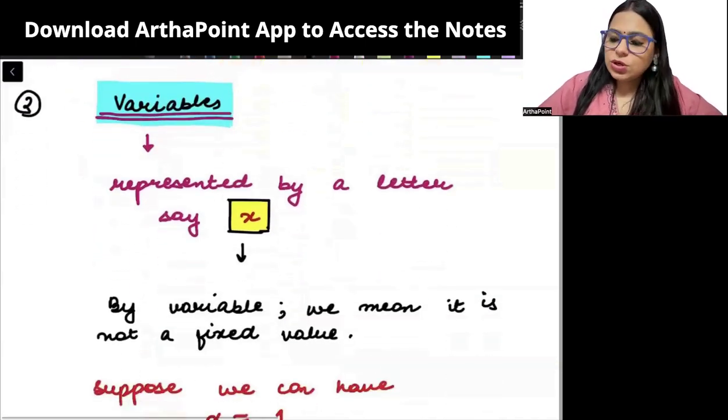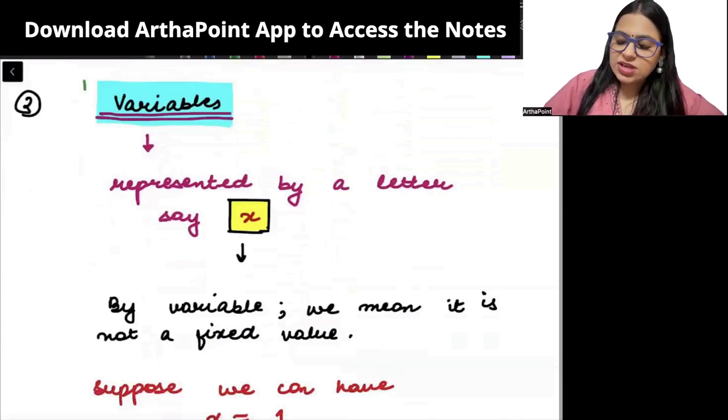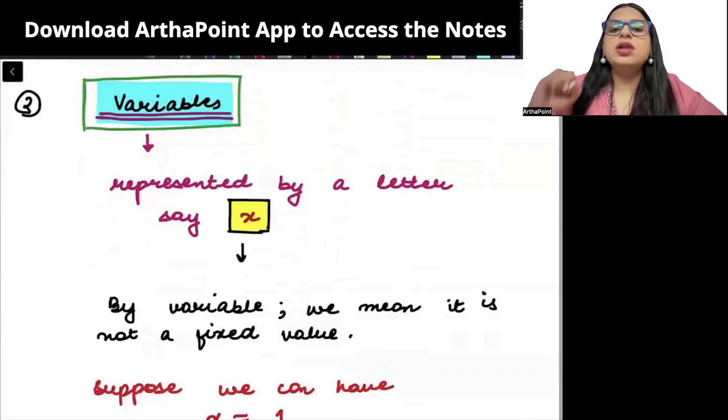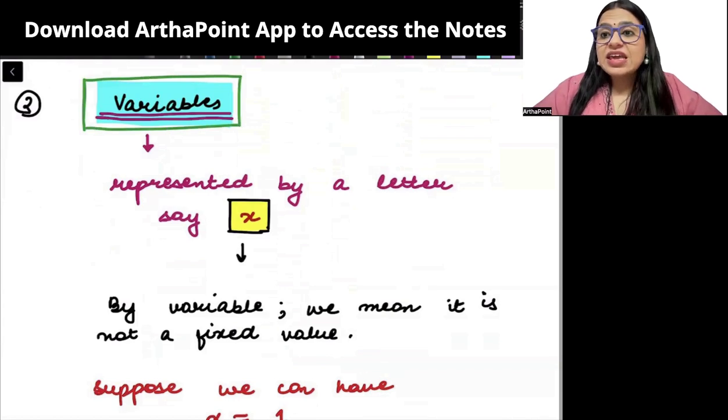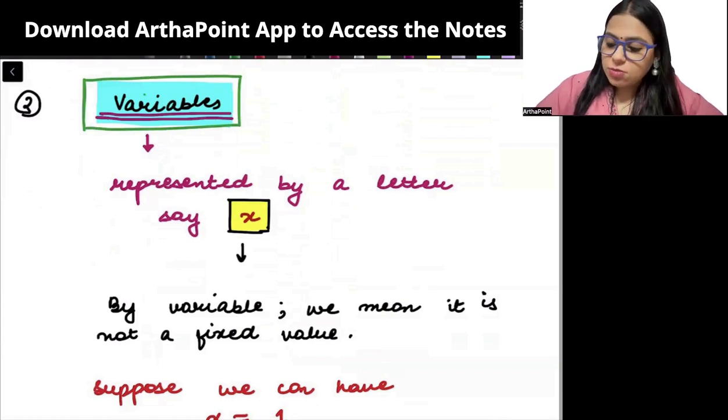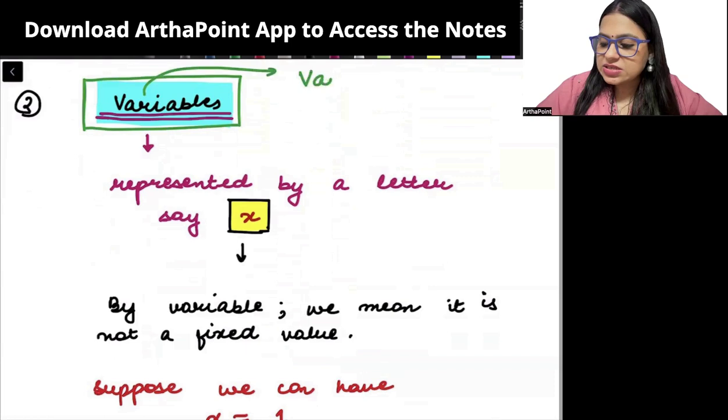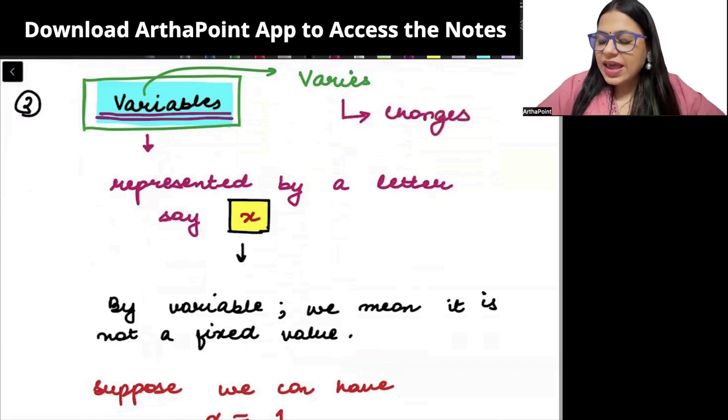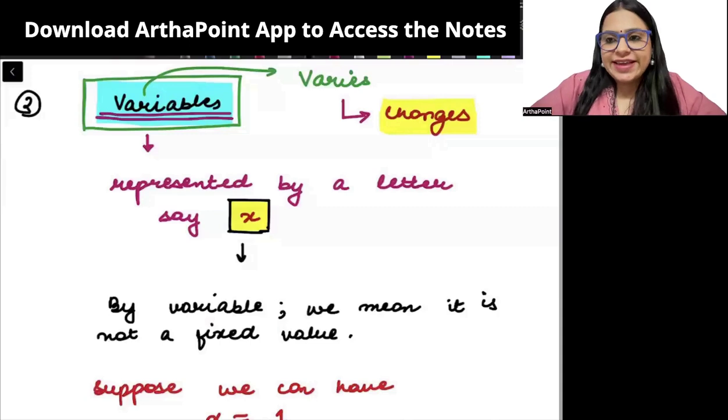Now, the next thing that we need to ask ourselves is, what is a variable? Variable comes from the word varies. Varies means changes. Anything that changes, जिसका value हम change कर सकते हैं, anything that varies is called as a variable.